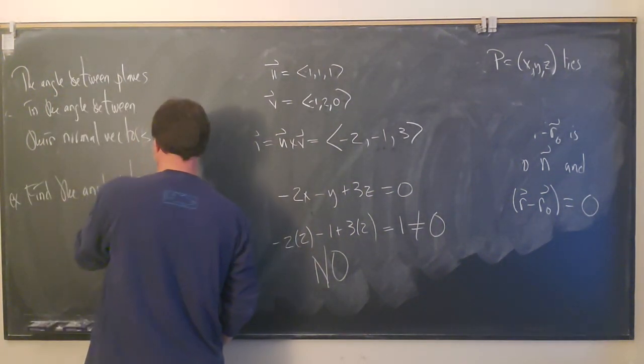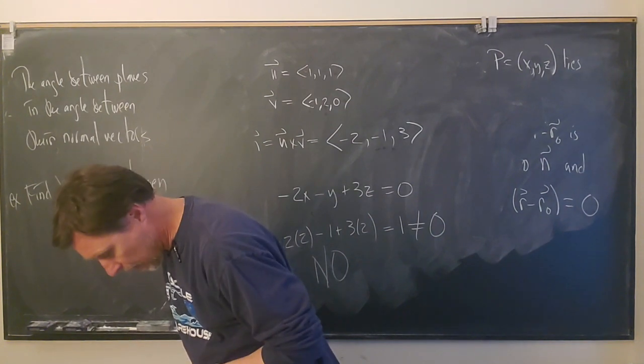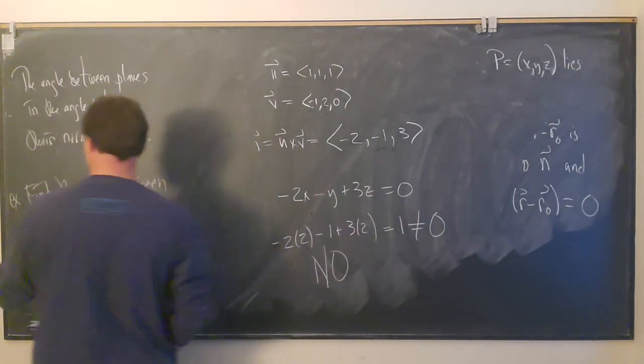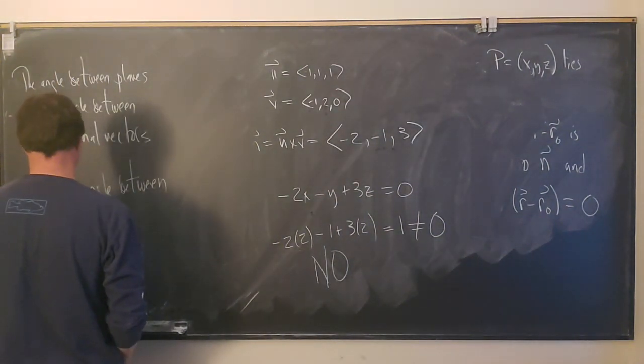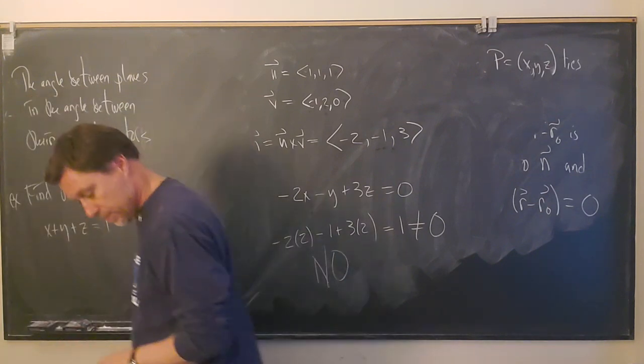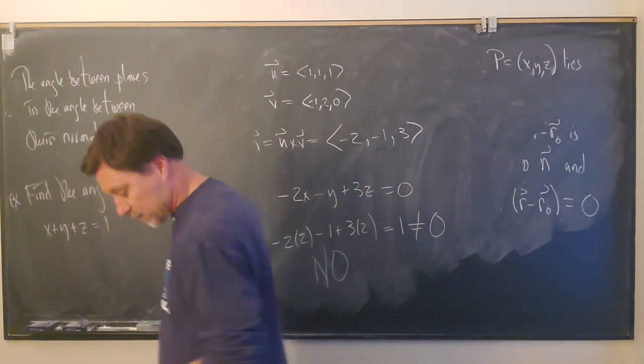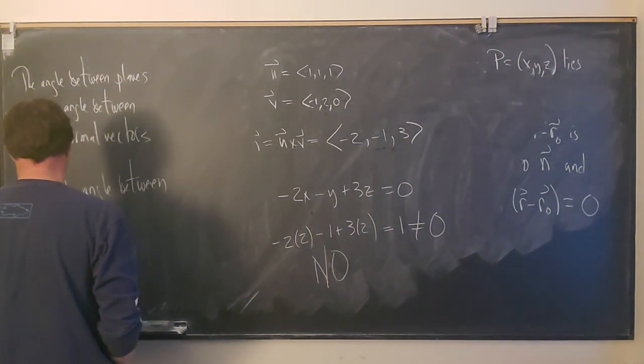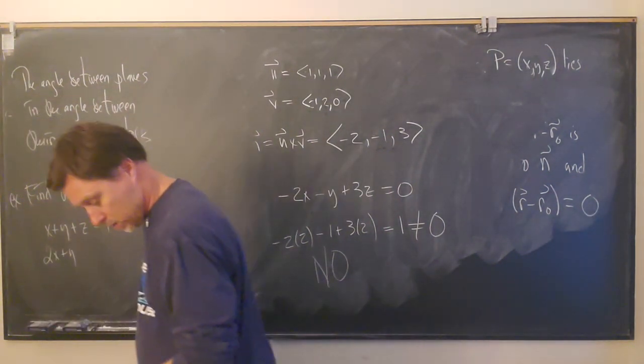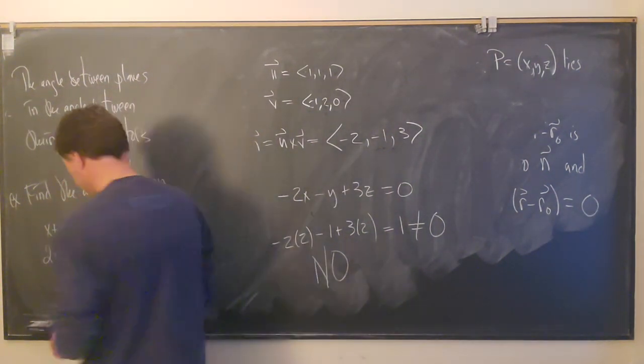between the planes x + y + z = 1 and 2x + y - z = 2.